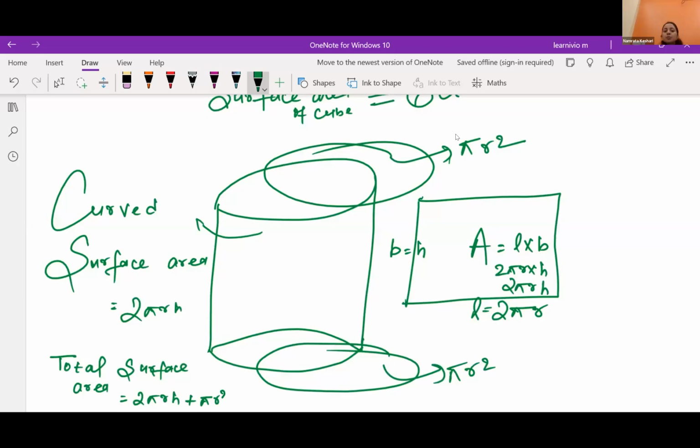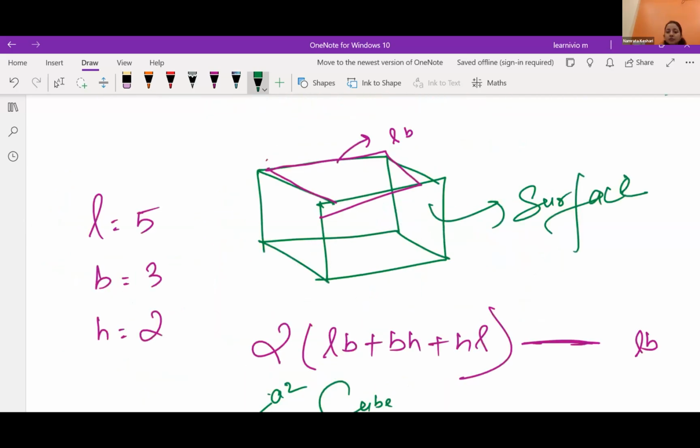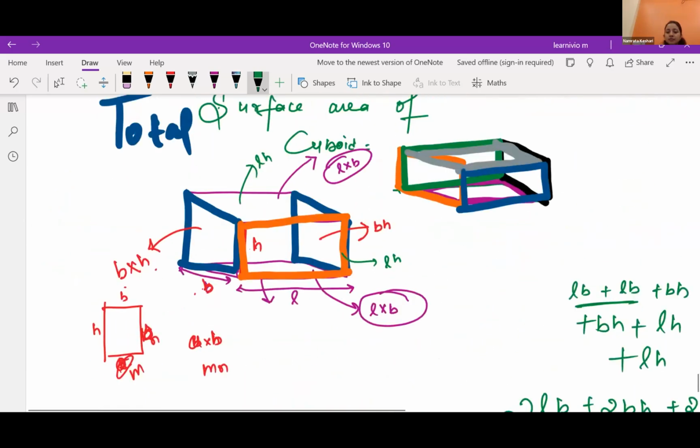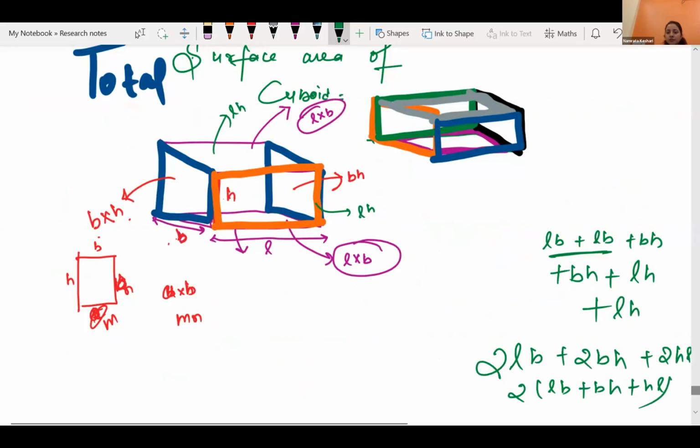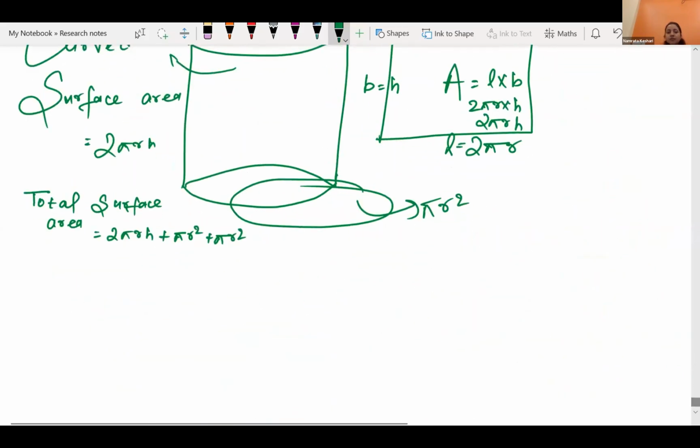Are you getting it, everyone? Yes, ma'am. That means 2 pi rh plus 2 pi r square.